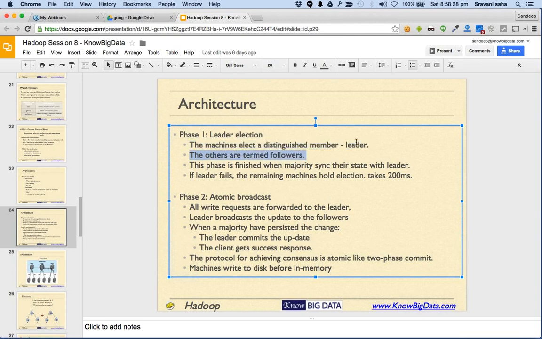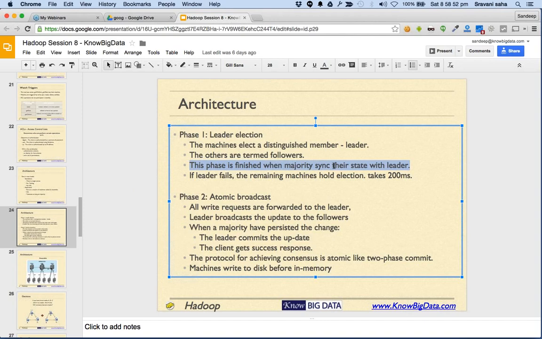All other machines are called followers. As soon as the ensemble comes up, they elect a leader. They vote for each other based on how responsive the node is.